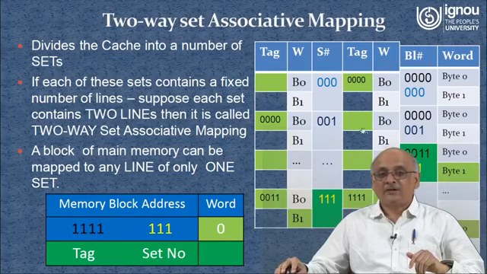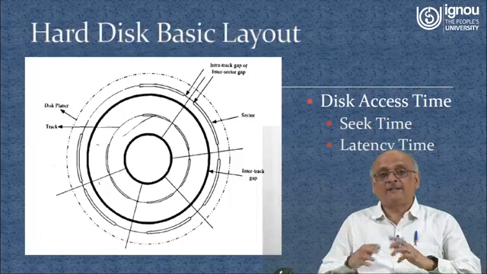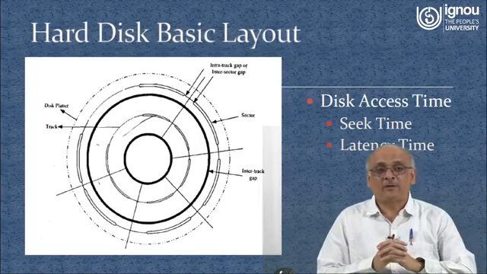So with this, we move on to secondary storage organization. Now this is a very important one, and first we talk about a disk. Now disk is a very, very interesting phenomenon, and where exactly does the hard disk come into the picture? What we have is the CPU registers. From the CPU registers, we move on to the main memory, and in between we have the cache memory.